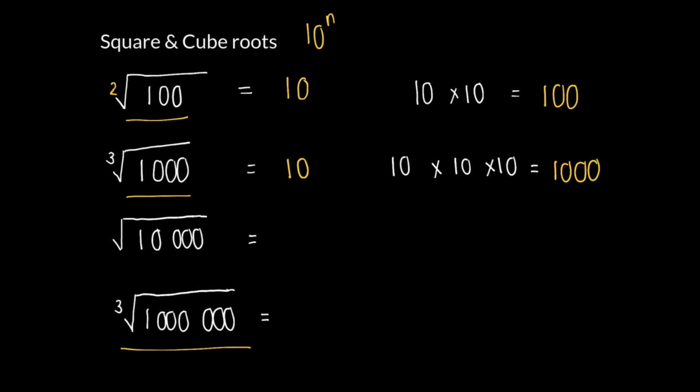Okay, so now if you've noticed, there's quite a tricky trick that we can use here. Check this out. If I'm looking at 10 times 10, what I actually do is calculate 1 multiplied by 1, and that gives me 1 over here.